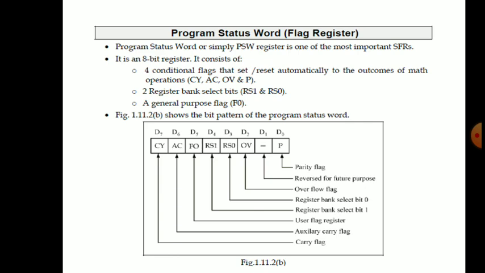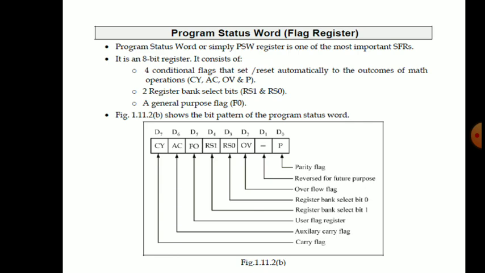It is an 8-bit register. It consists of 4 conditional flags that set or reset automatically according to the outcomes of mathematical operations. There is carry flag CY, auxiliary carry flag AC, overflow flag OV, and parity flag P.